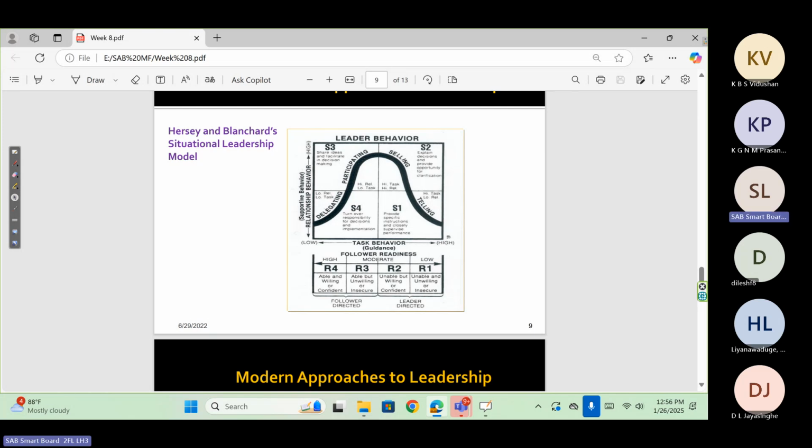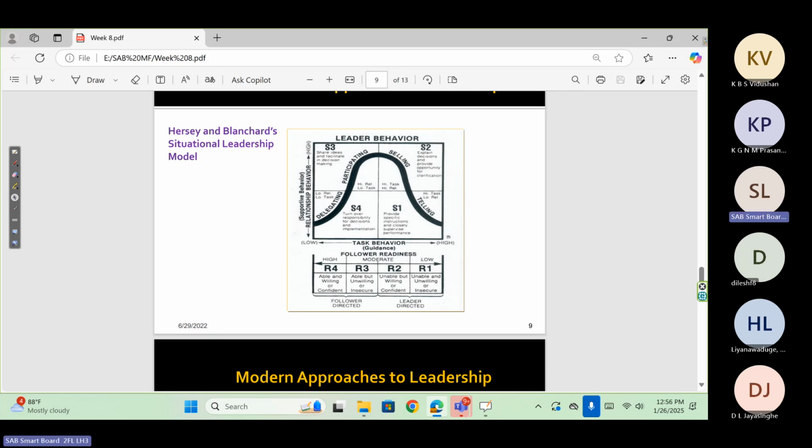Then the leader should change the style from S1 to S2 as per the model or the curve. Both are high: the leader gives high task, high relationship orientation. What style is used there? Not telling, selling.